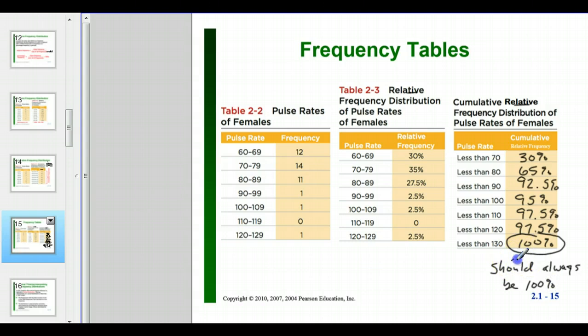Because this bottom row, the cumulative relative frequency, is what percent of the data is smaller than a number bigger than your largest value. Well, everything's smaller than something bigger than your largest value.